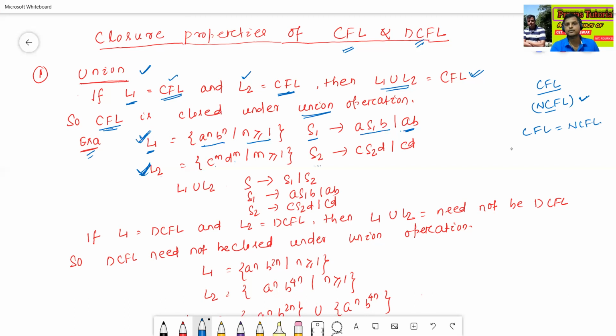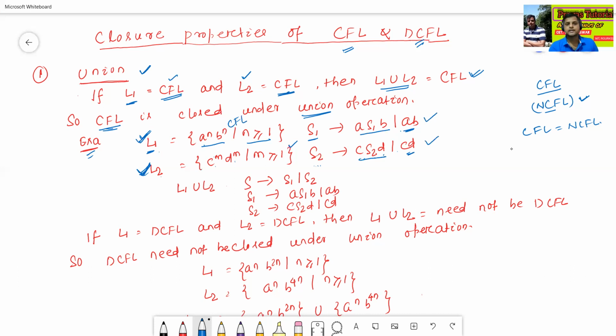So S2 equals c S2 d or cd. So since L1 is CFL, we can construct the context-free grammar, and since L2 is a context-free language, we can construct the context-free grammar.